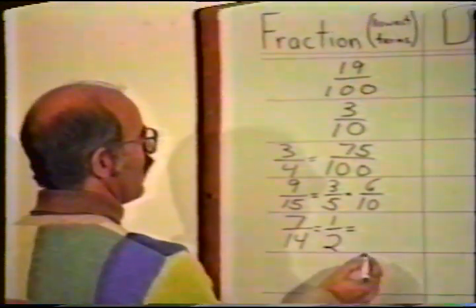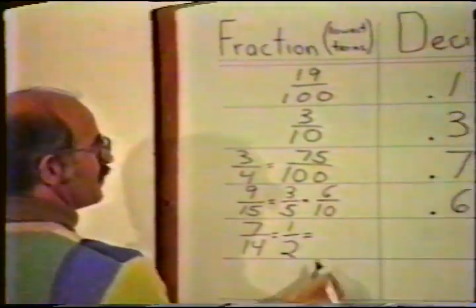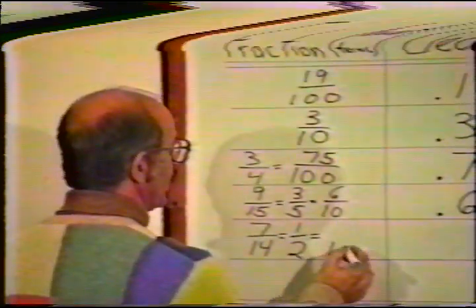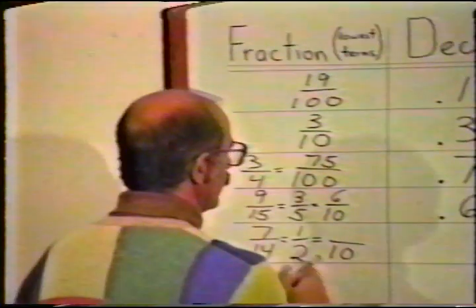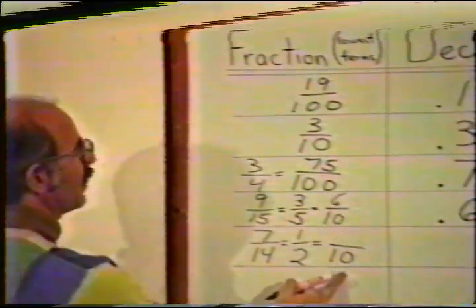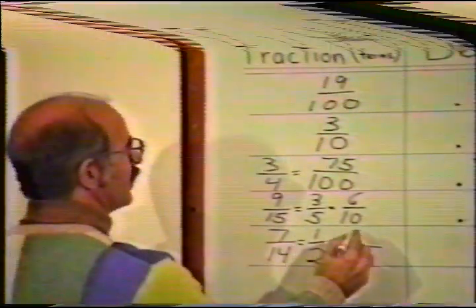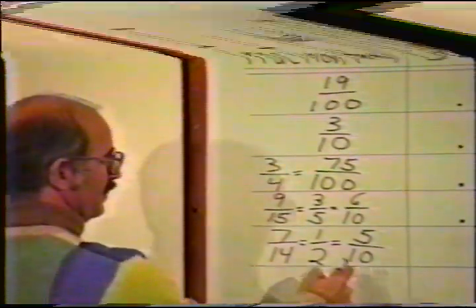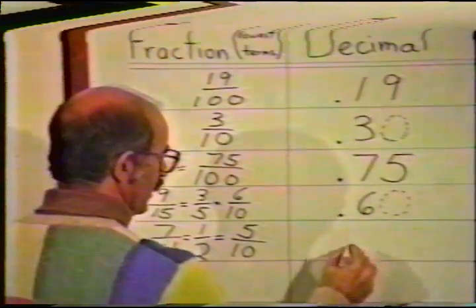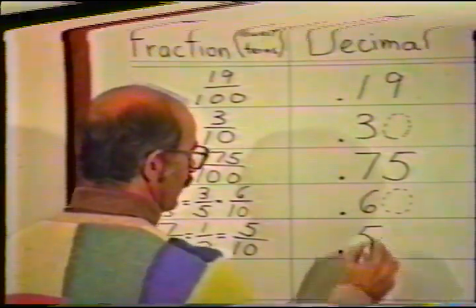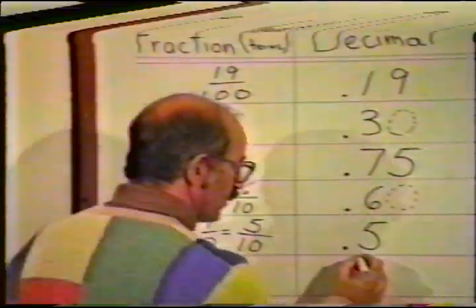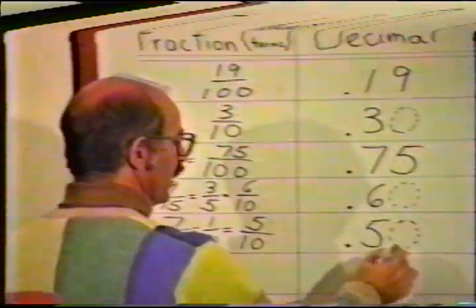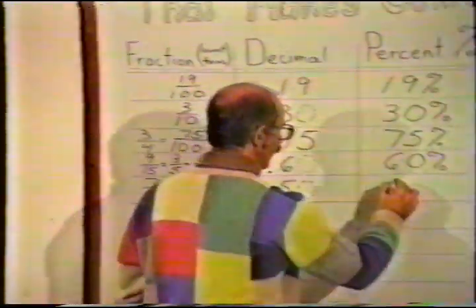Can I now have 10 or 100 as my bottom number? Yes. I can use 10. 2 into 10 is 5, times 1 is 5, and that number is read 5/10, which we can write as a decimal. Then we'll go 2 places to the right, again putting on a 0, and we get 50%.